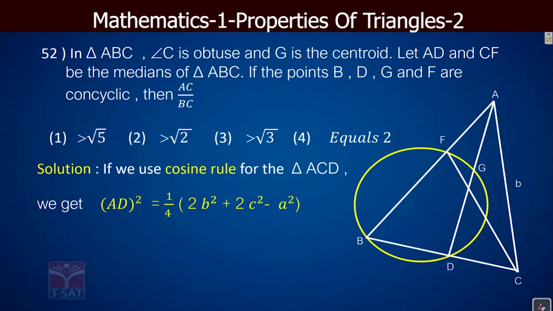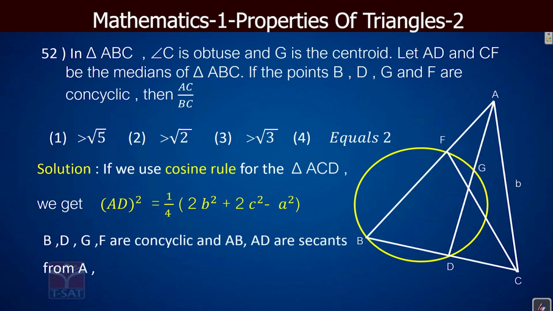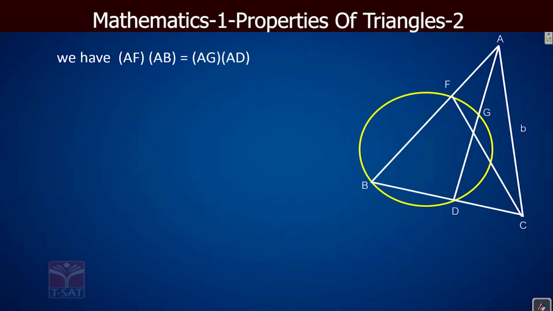Now, B, D, G, F are concyclic, and AB and AD are secants from A, and you know that for any circle, from an outside point, if you draw two secants, the product is always constant. So therefore, AF into AB is equal to AG into AD.